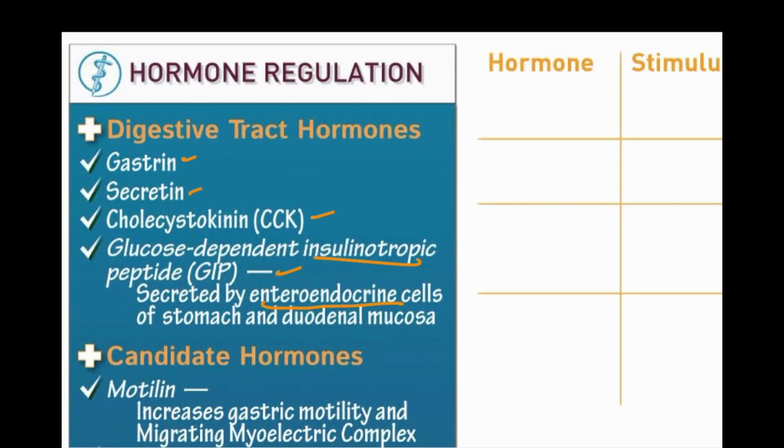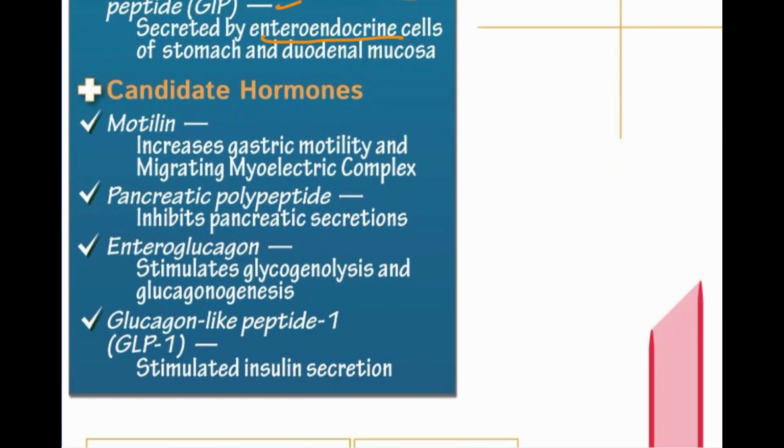We have some other hormones we'll talk about a little later on, but motilin increases gastric motility. Easy to remember: motilin, gastric motility. Pancreatic polypeptide inhibits pancreatic secretions. Enteroglucagon stimulates glycogenolysis.